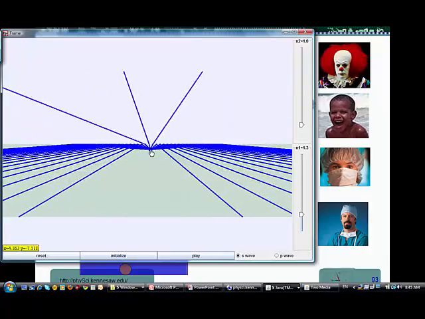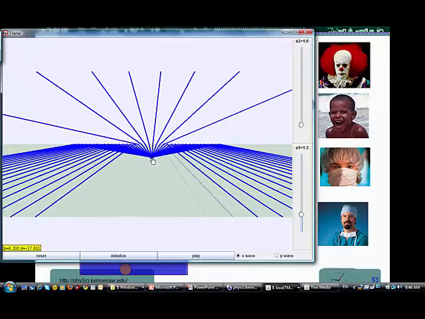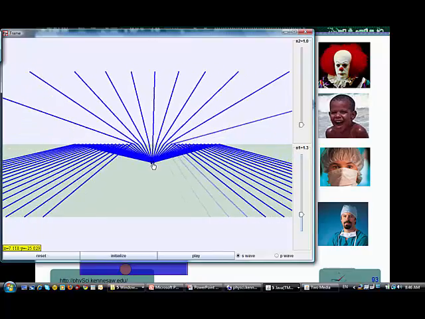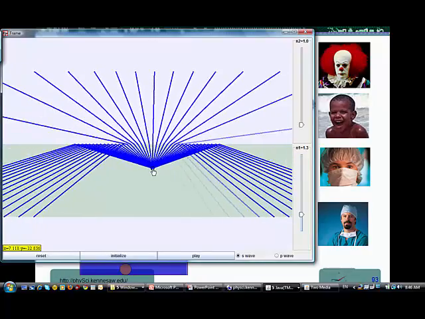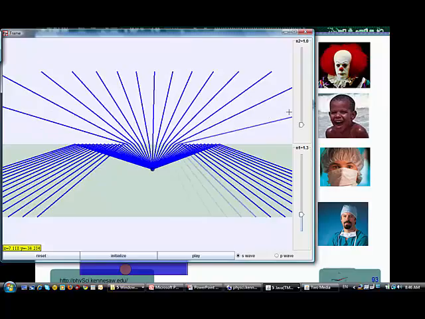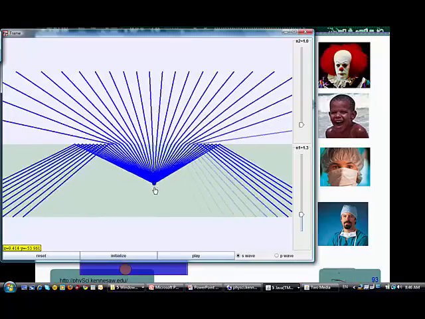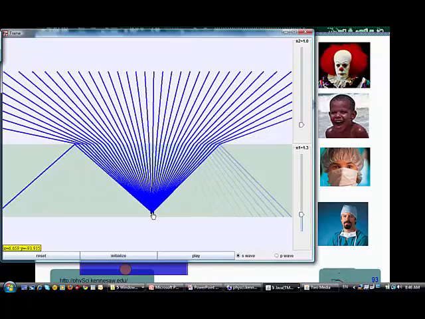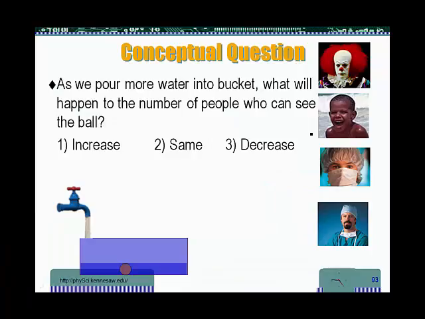You see, as it is shallow, you have less light coming out in this side. As we go deeper, we have light being refracted into positions where more people can see the object. See more of it and more of it. So the number of people is going to increase.